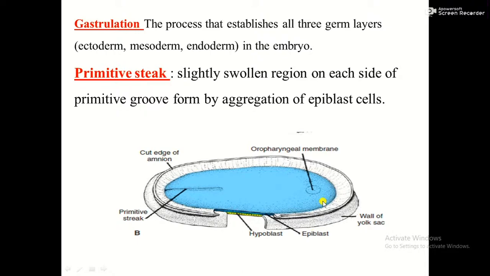Just imagine that you have these two layers without the cavities, and we will just look at what happened in these layers, or what changes may happen in the third week of development.